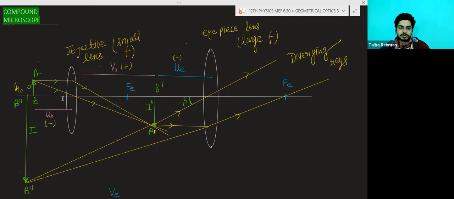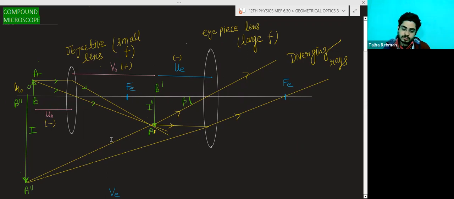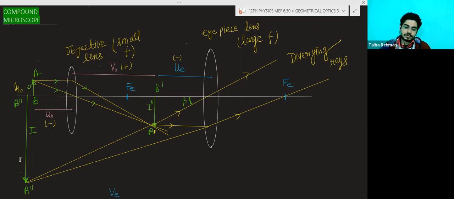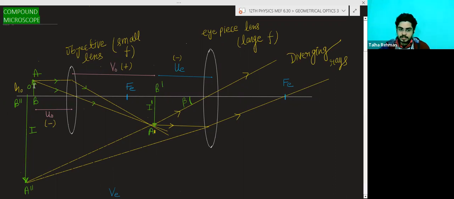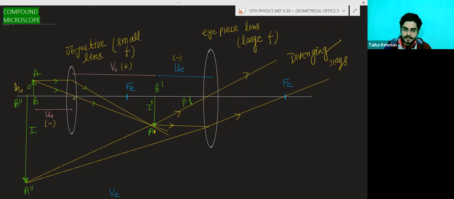Here also there are two images formed. You can see one image is this and another image is this. For making the ray diagram, I used only those two concepts. You can see the first ray is parallel to the principal axis; this is the object. It will pass through the focus of this objective lens. I have not shown it yet, but here is the focus.